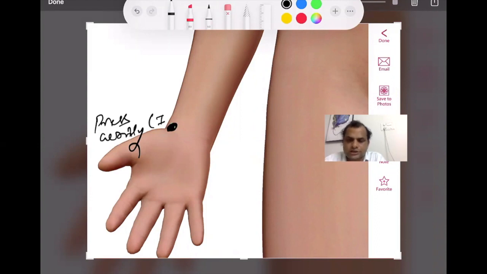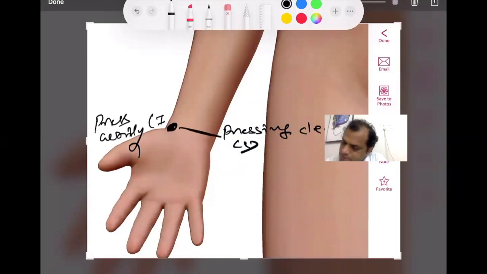When we are touching, pressing gently, this pulse is large intestine pulse. But when we are pressing deeply, this pulse is lung pulse at the same place. Why?